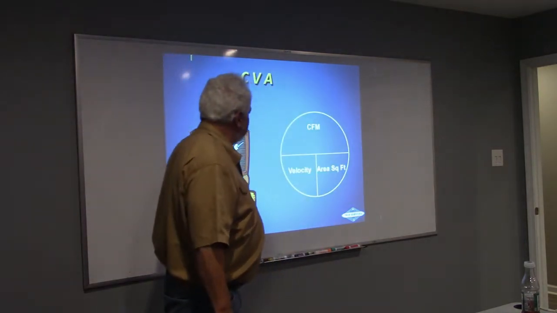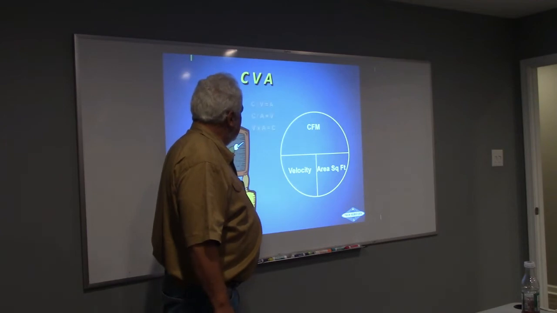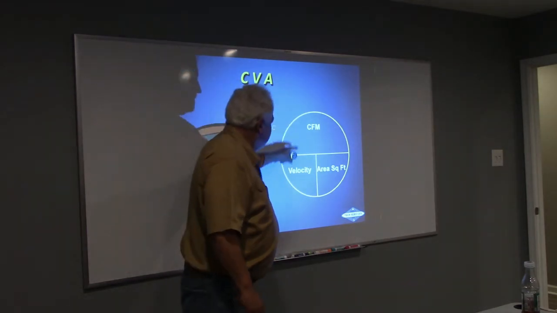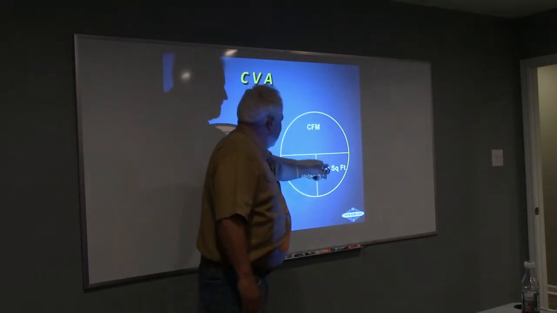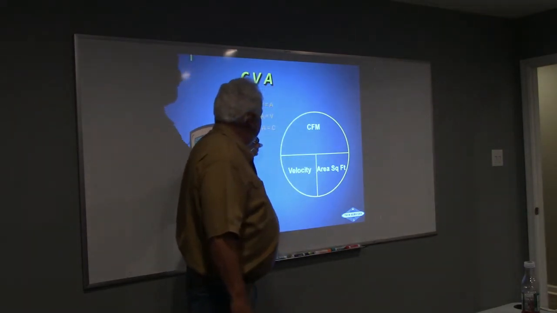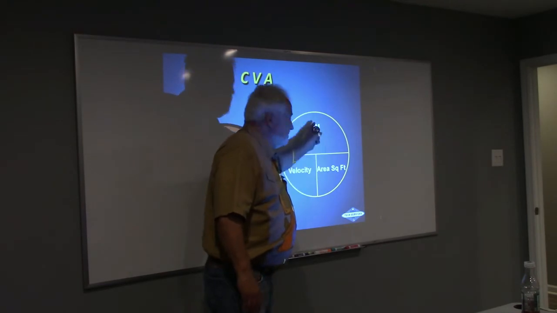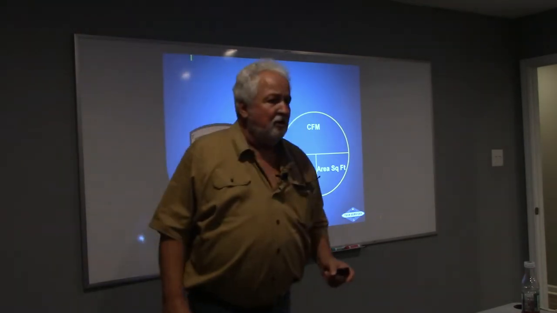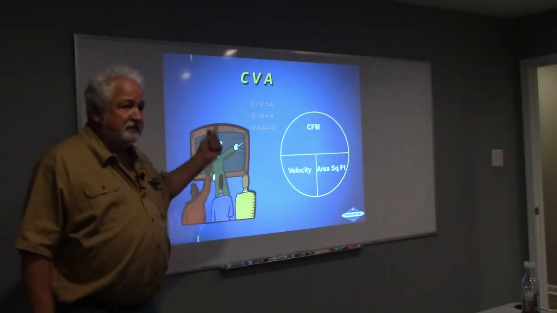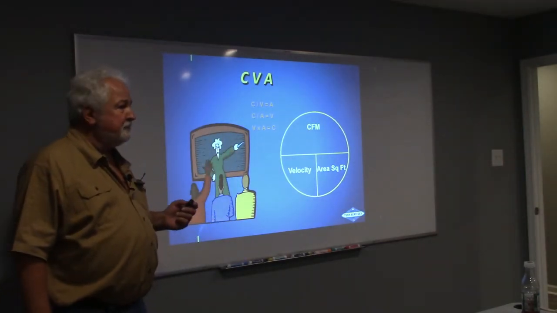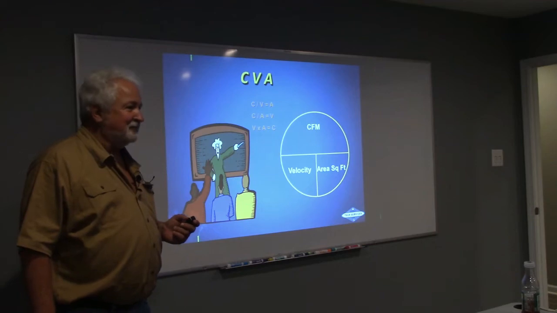All right, let's take a look at this. C divided by V equals A. C divided by A equals V, and V times A equals C. If you ever took any Ohm's law in electrical back in school, it's the same stuff. Amps, volts, watts, ohms.